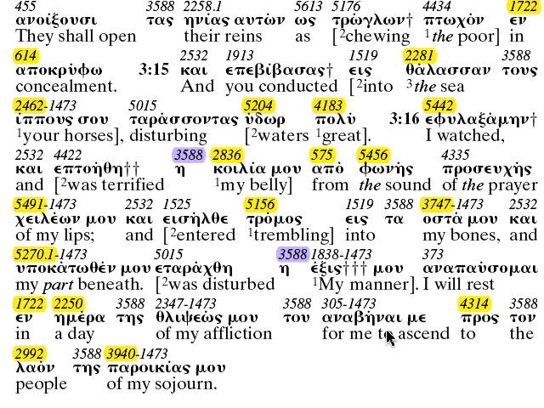For me to ascend to the people of my sojourn, for me to ascend, pros, the laos, the laity of my parikias, the people of his sojourn. Is it talking about him coming back from captivity with the people of his sojourn, or is it talking about a future time when people will be ascended?